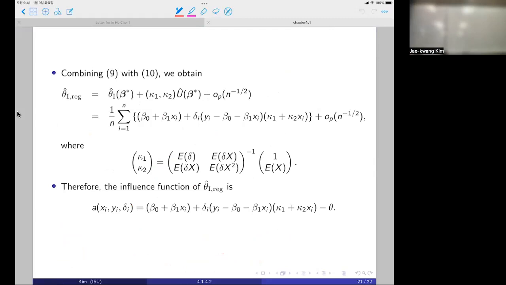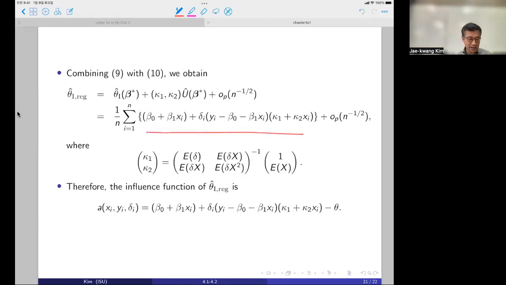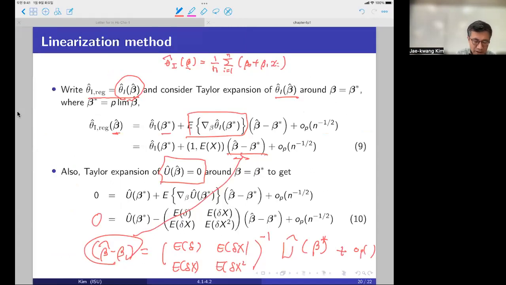So the linearization. Basically, if you just stop here, there's no hope because you don't know how to handle this beta hat minus beta star.